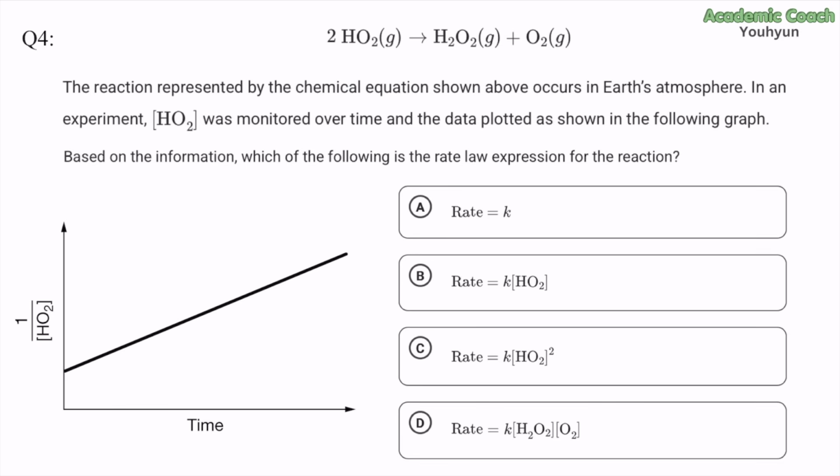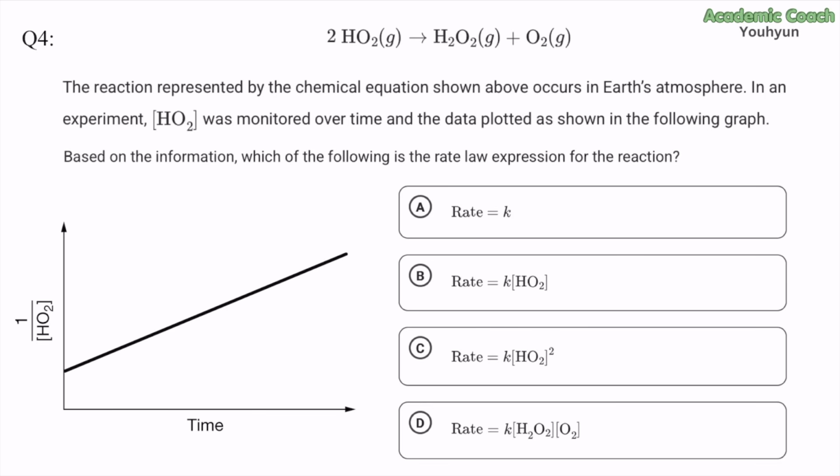Question number 4. The reaction represented by the chemical equation shown above occurs in Earth's atmosphere. 2 moles of HO2 decompose into 1 mole of hydrogen peroxide and 1 mole of oxygen. In an experiment, concentration of HO2 was monitored over time and the data plotted as shown in the following graph.